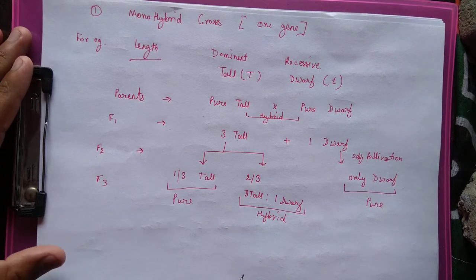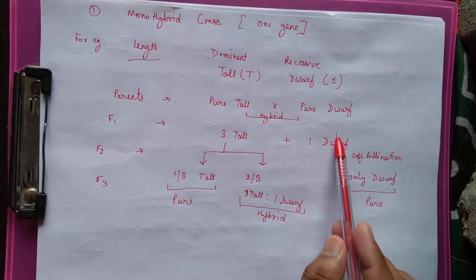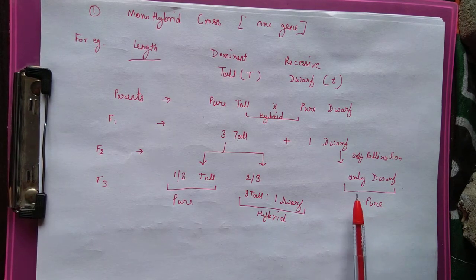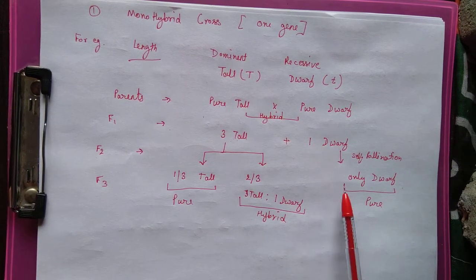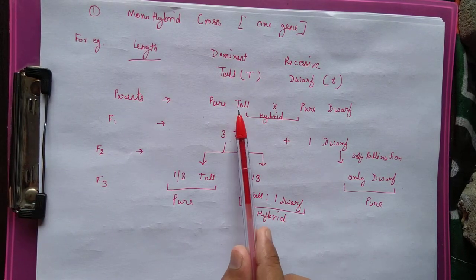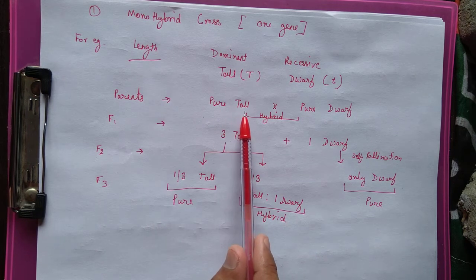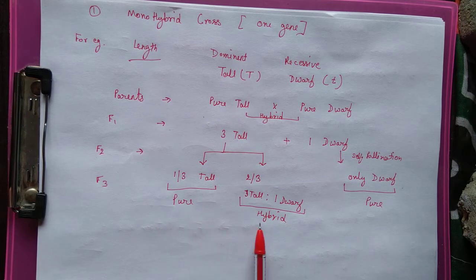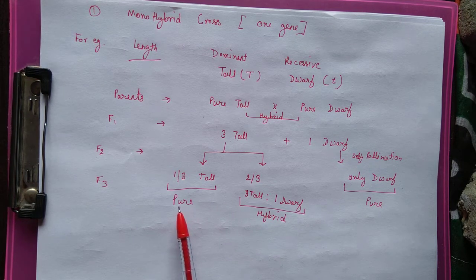By this experiment, Mendel observed that the dwarf plant behaves differently. It performs as pure breed because it does not have any other allele for the expression. Whereas dominant tall in parents, pure tall, performs a dual function. It performs as pure breed or as hybrid breed.